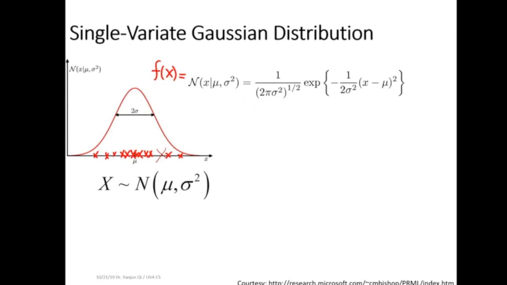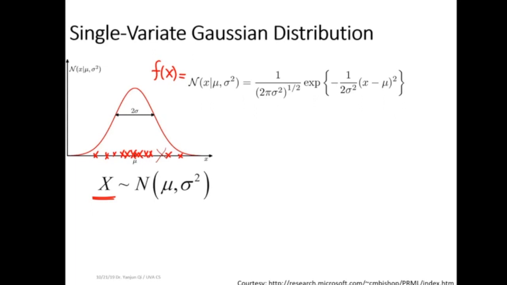If I'm sampling from this Gaussian distribution, the majority of the X, because if you still remember, this represents the likelihood, right? How likely an x is located. The majority of the x are located close to the mean position, which means the density here is high, there are many x.